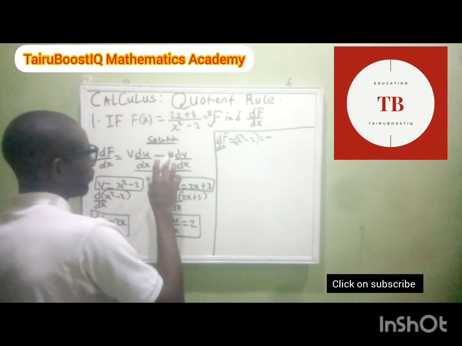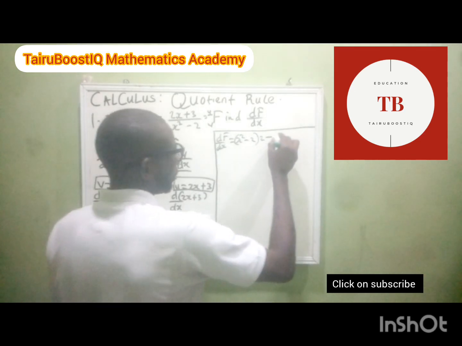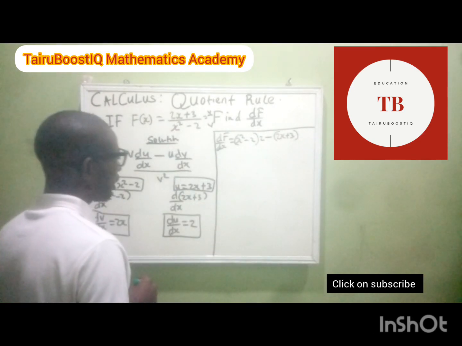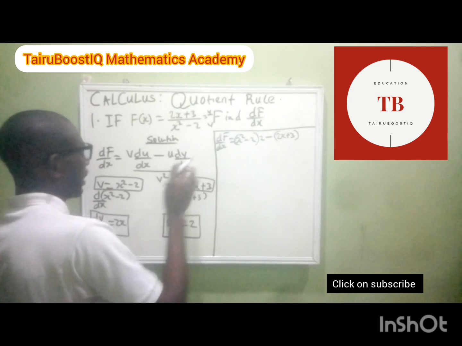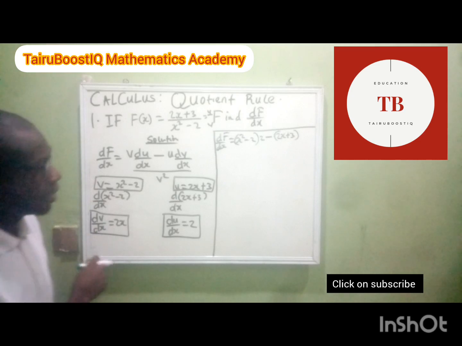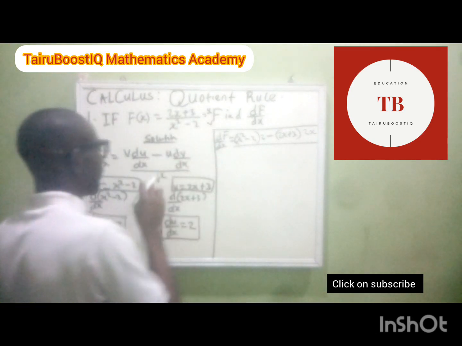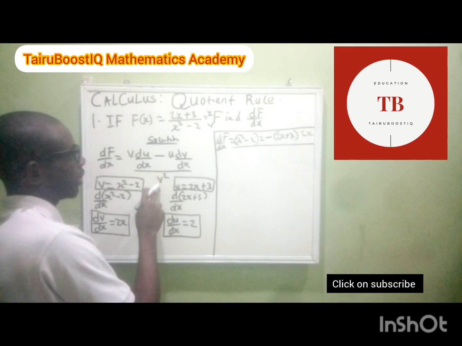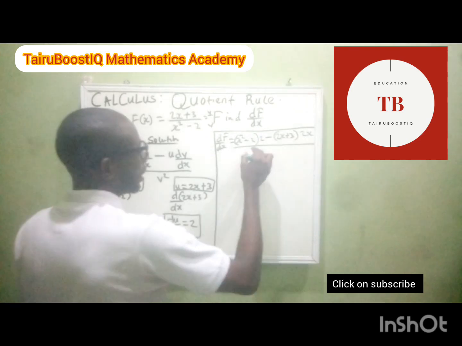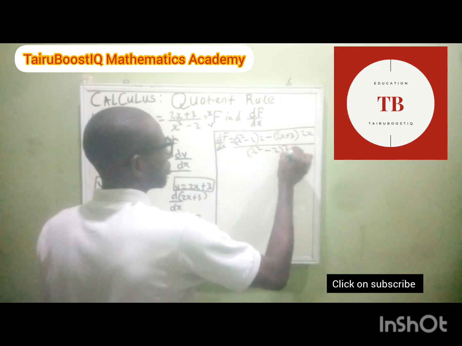The next thing we move to is u, which is 2x plus 3; we close our bracket. And what is dv over dx? It is 2x, so we plug in 2x here. And our v squared, where v is the denominator, is x squared minus 2 all squared.